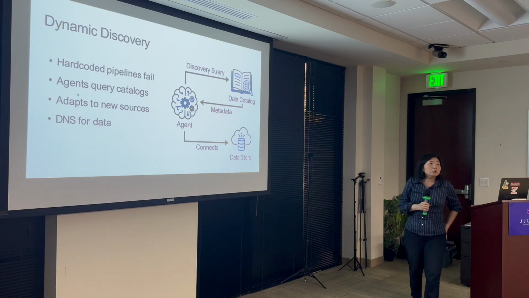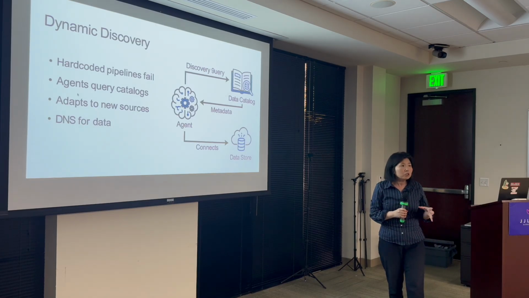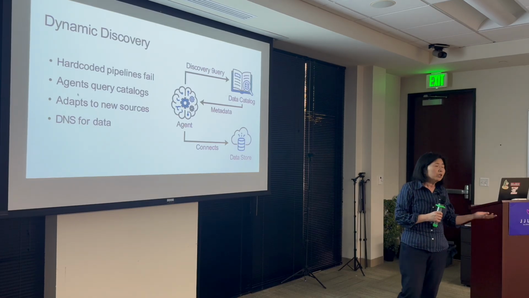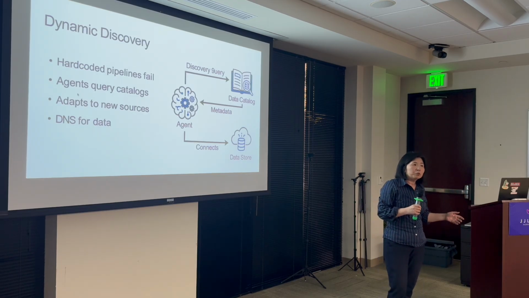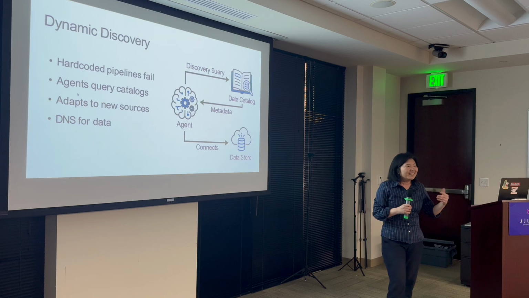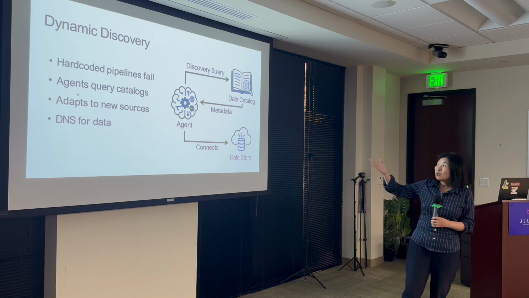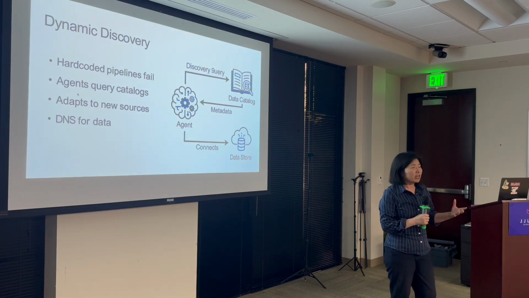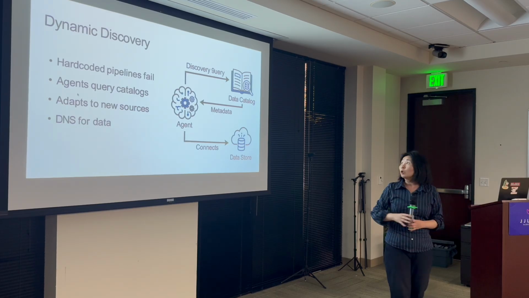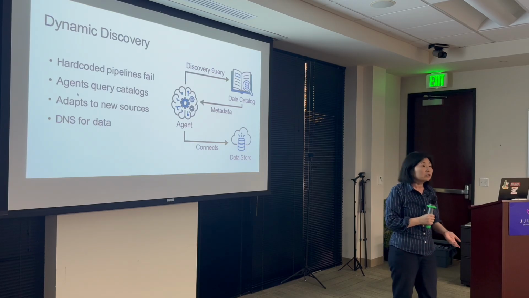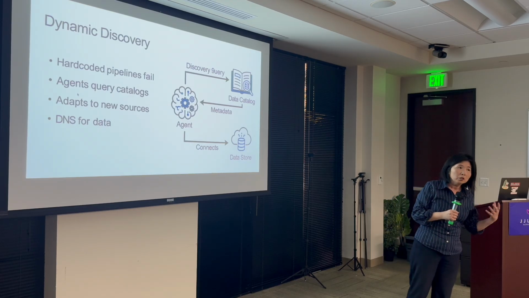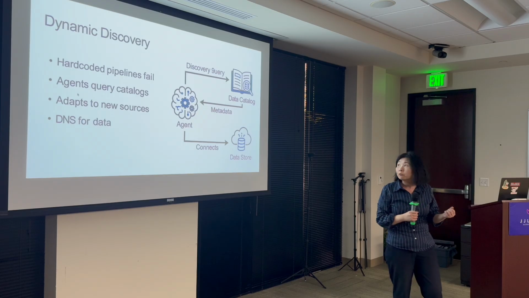So how exactly do we do dynamic discovery? This is also called context engineering. It's just a different term. Context engineering is a more fashionable term. So essentially, in order to understand the context, it needs to read certain kinds of metadata. There are certain data catalogs that allow you to read in the metadata and understand what data to retrieve.